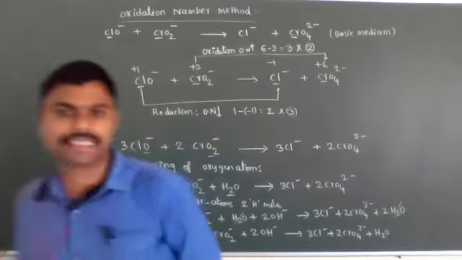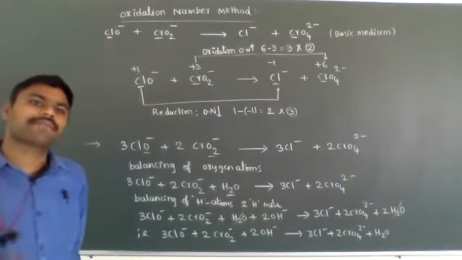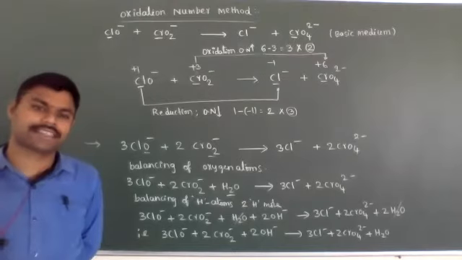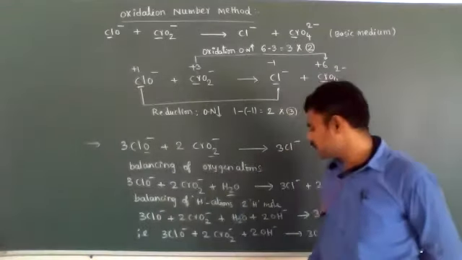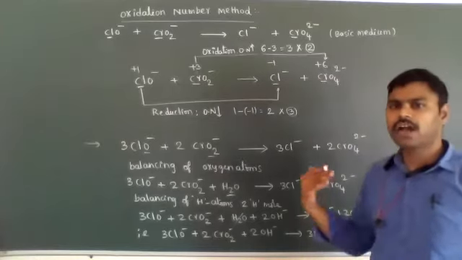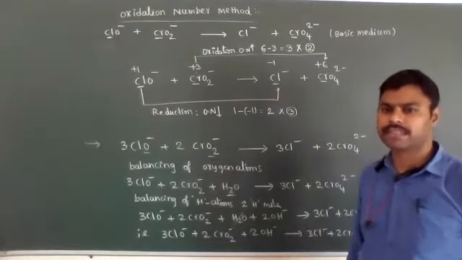So the difference in basic medium comes only in the balancing of hydrogen atoms. How to balance hydrogen atoms in basic medium? First you have to observe on which side more hydrogen atoms are present.